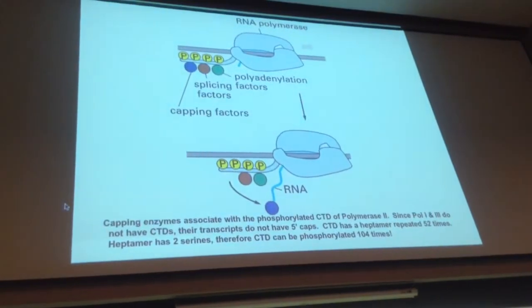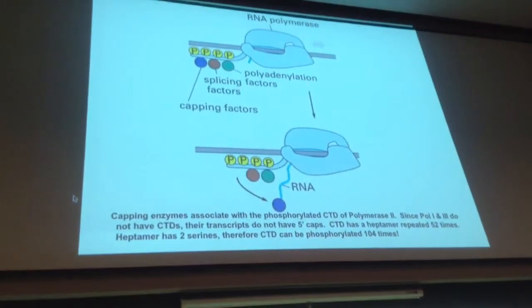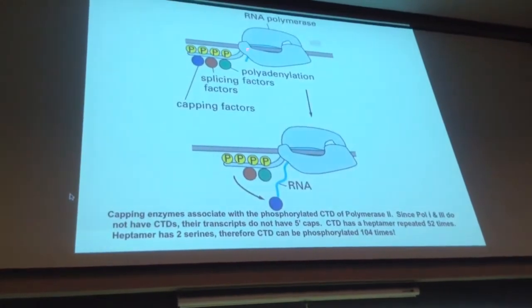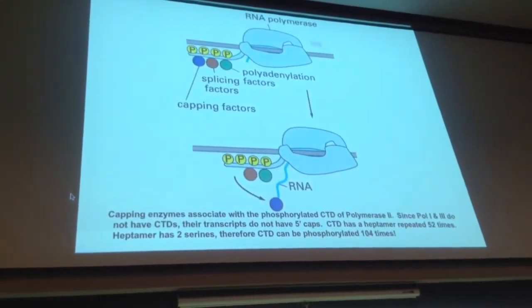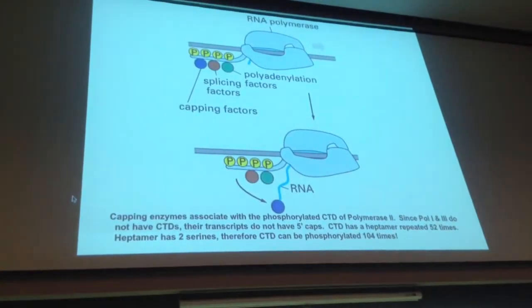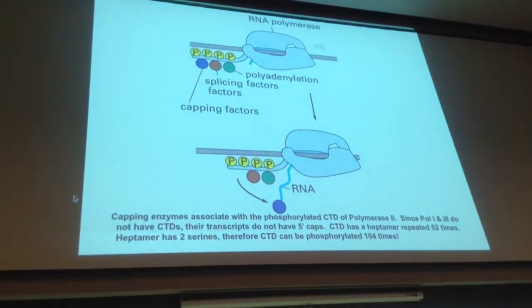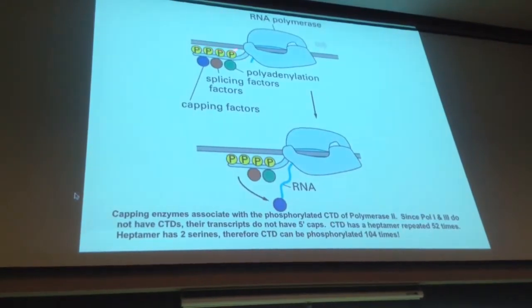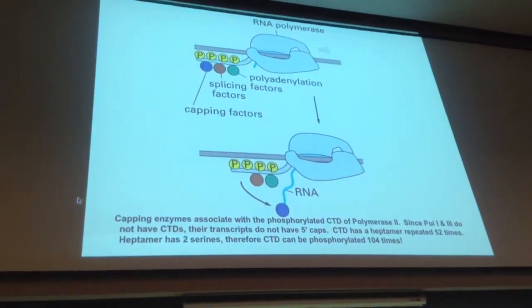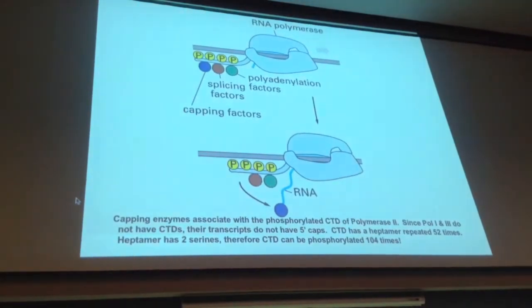We said RNA polymerase recognizes a promoter. Here's RNA polymerase. It has this tail, the CTD, the carboxy-terminal domain, with all of those repeats. In order to begin elongation after initiation at the promoter, it has to be phosphorylated. There are those serines and threonines, and many of them are phosphorylated over and over again.